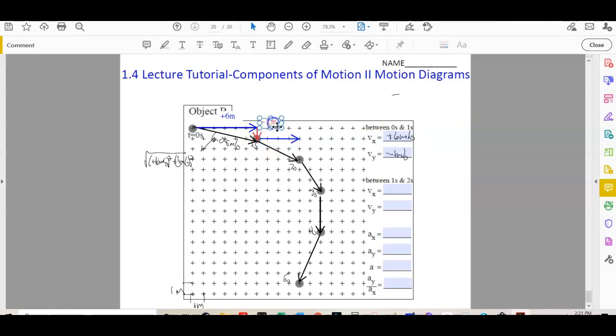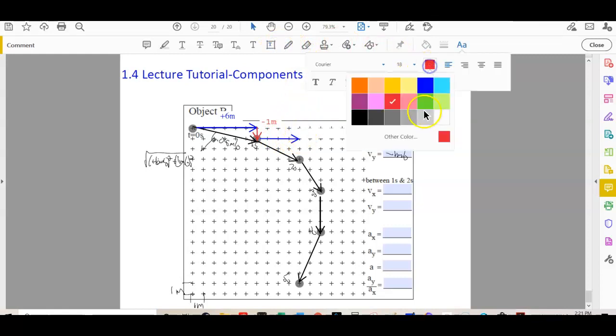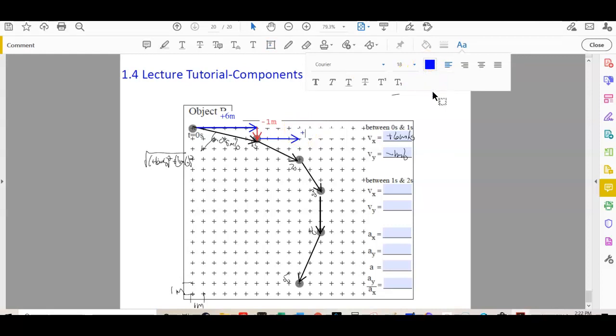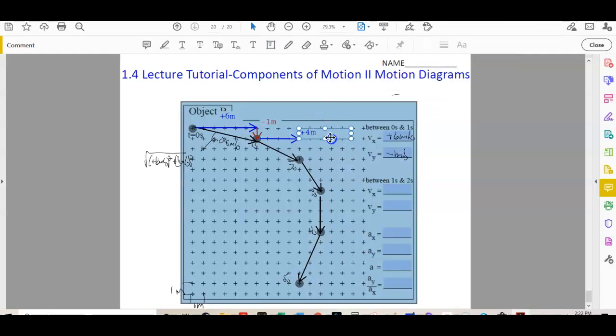I'm going to move this guy up a little bit. So it looks like it's traveling in the next second, 0, 1, 2, 3, 4. So that would be positive 4 meters in that next second.